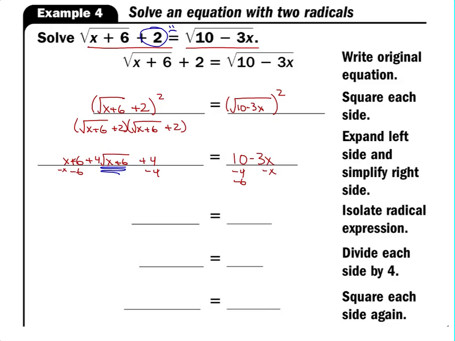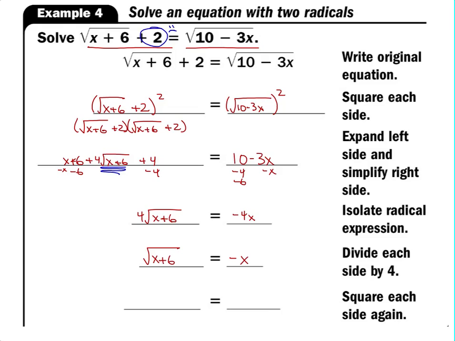So on the left, we have 4 square root x plus 6. And on the right, we have simply negative 4x. The 10 minus 4 minus 6 went to 0. We had negative 3x minus x. Now if you divide both sides by 4, you get square root of x plus 6 equals negative x.